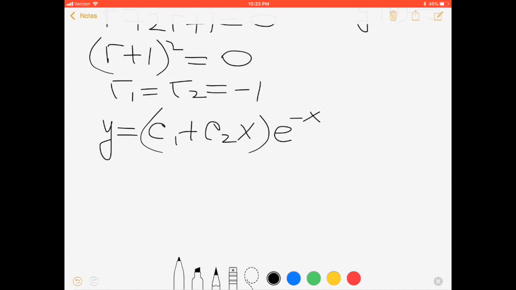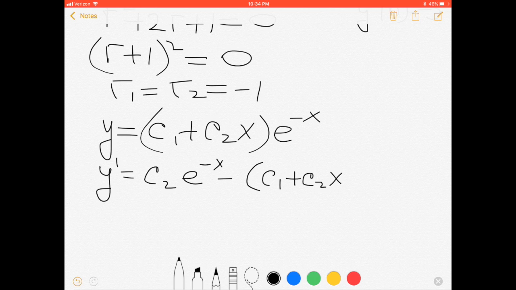This is the general solution. Because we need to find a particular solution, first we need to find the derivative. It will be c2 e to the -x minus c1 plus c2x e to the -x.